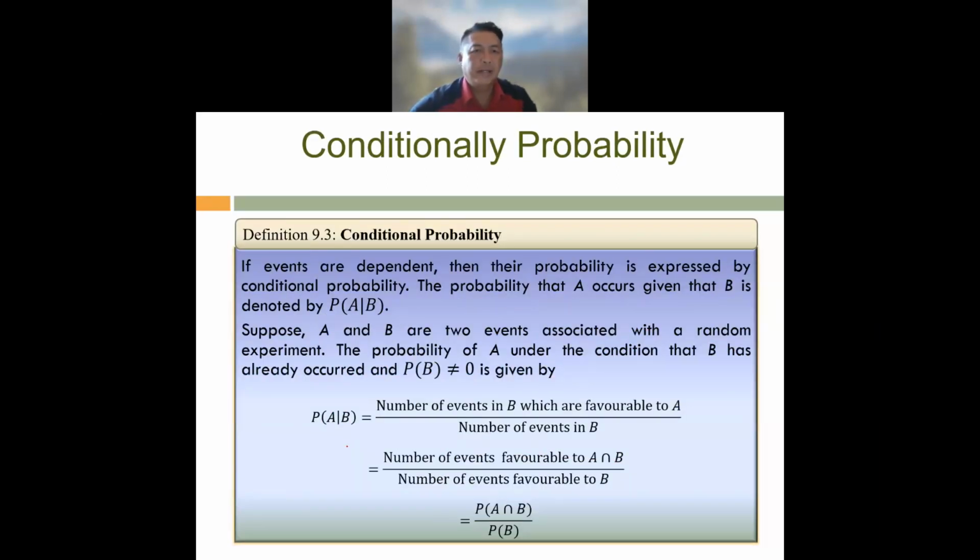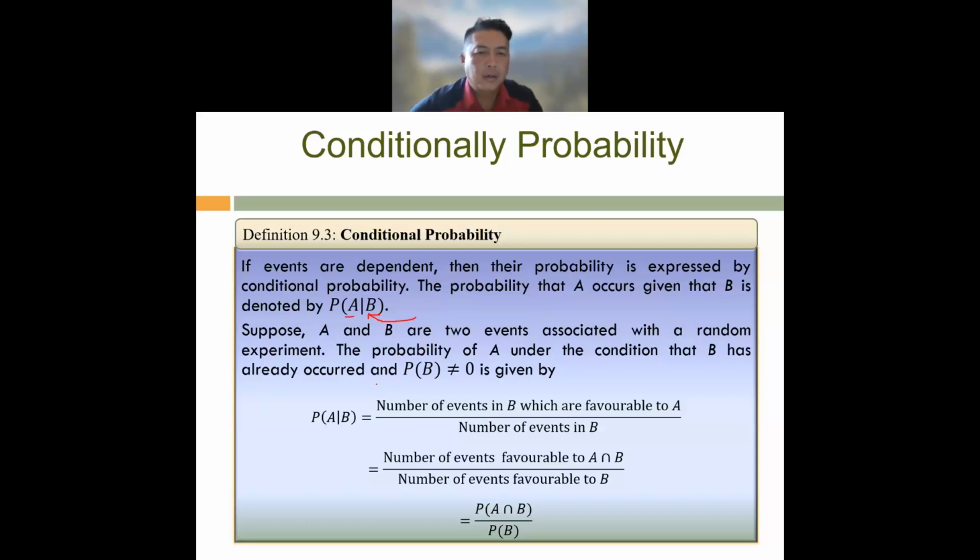We also have the conditional probability. If events are dependent, then their probability is expressed by conditional probability. The probability that A occurs given that B is denoted by this. So given B, what is the probability of having A?